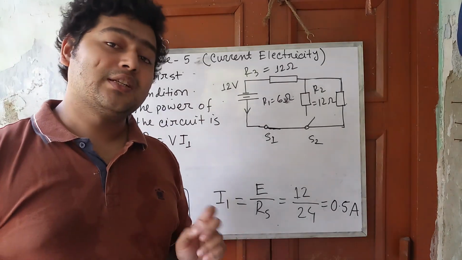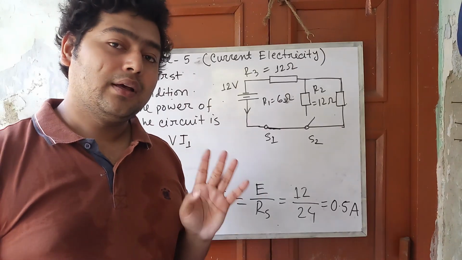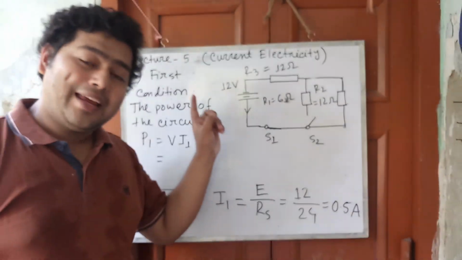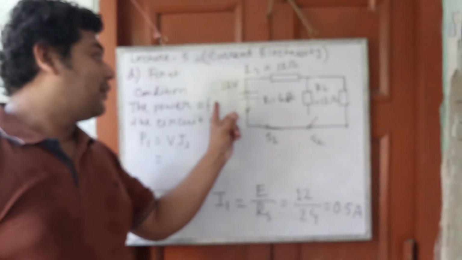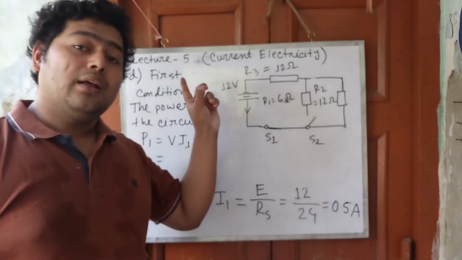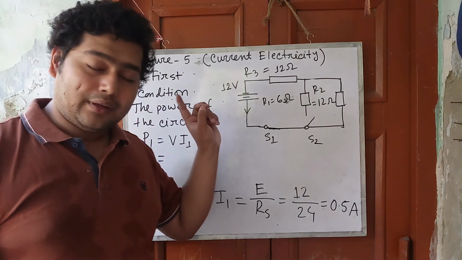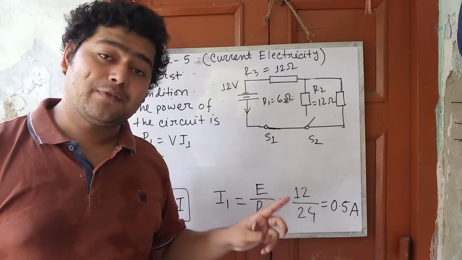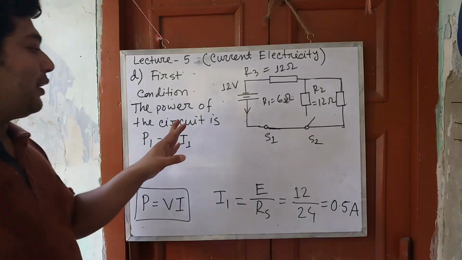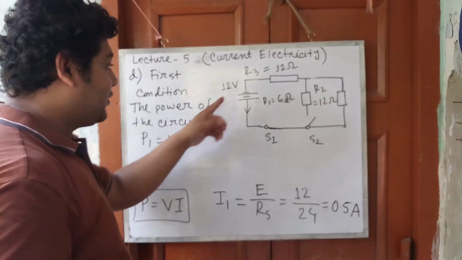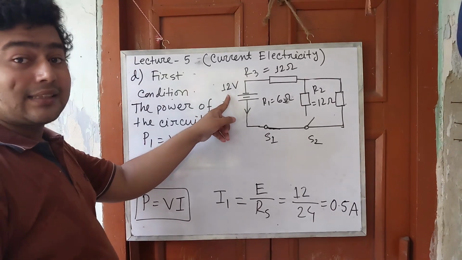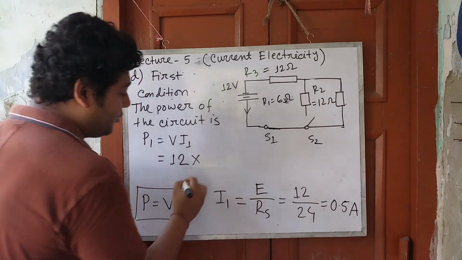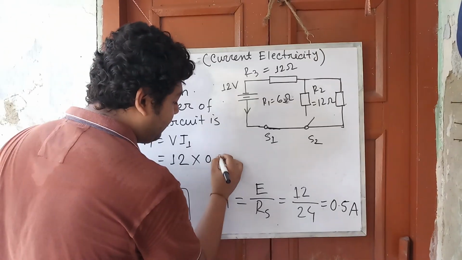I am telling again, if there is no internal resistance, then the total EMF, or electromotive force, will be our total potential difference or voltage. So we can write 12 into I1, which is 0.5.